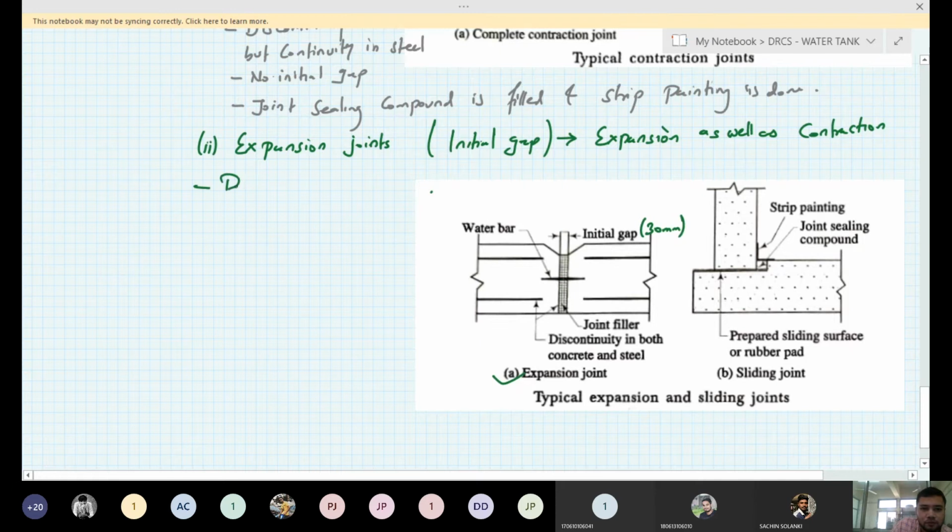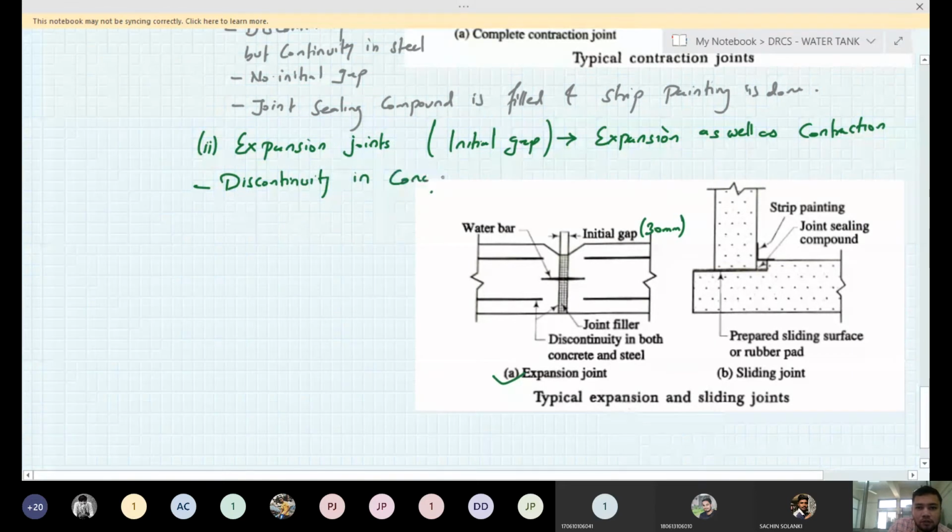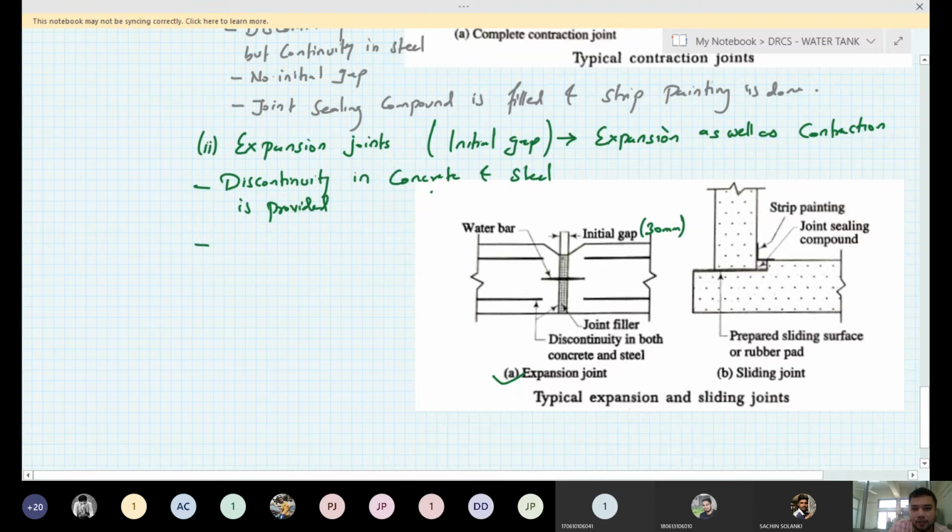So here there is discontinuity in concrete and steel. Second, an initial gap is provided, which is usually 30 mm, and which will take care of both expansion as well as contraction.